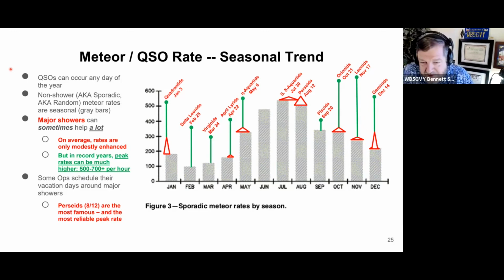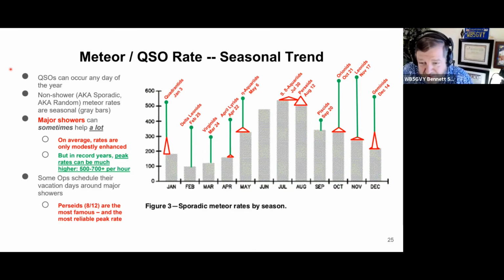Even though I said February wasn't a very good month, there's a little minor meteor shower, the Delta Leonids, that in one year, which I didn't write down, in the last 10 or 20 years, shot up to above 350. So there's a luck of the draw in terms of what year you're operating in and what the meteor rates would be like.